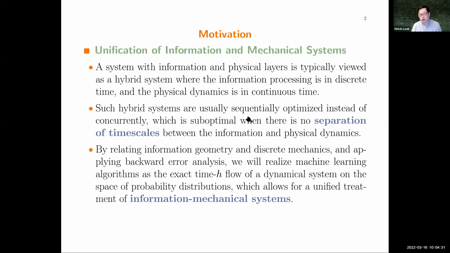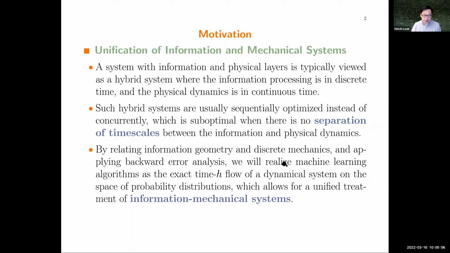And what usually happens is that there's an assumption of a separation of timescales, in the sense that we tend to optimize the information gathering aspect at the high level, and then we assume that the actual trajectories which that generates can be realized efficiently in continuous time. The problem is that this is suboptimal because in many applications of interest, there isn't this separation of timescales between the information and physical dynamics.